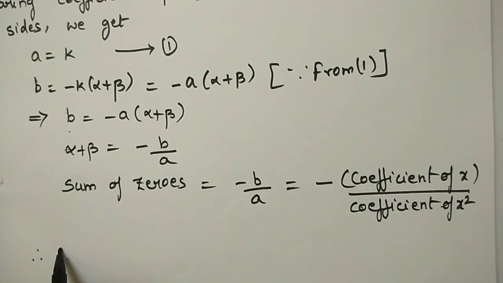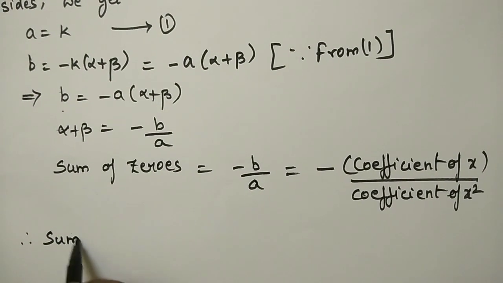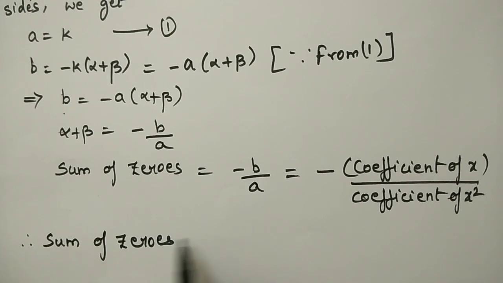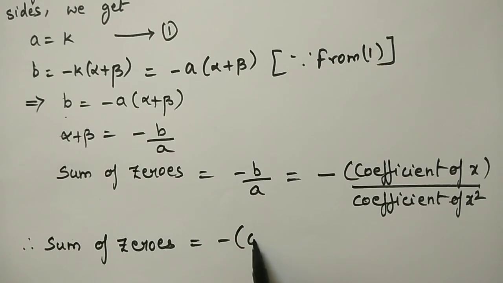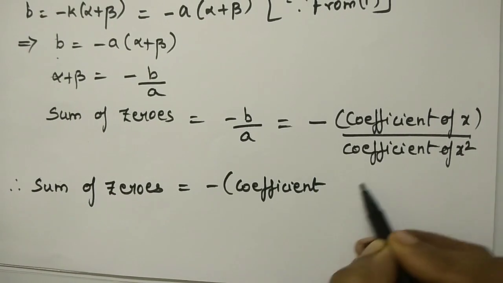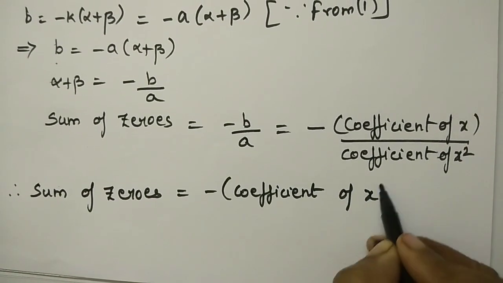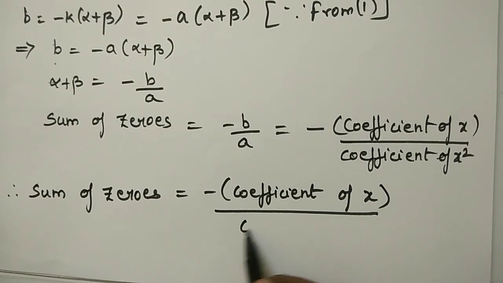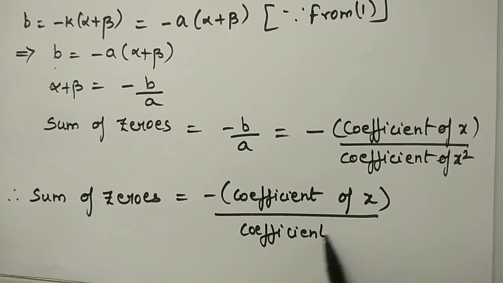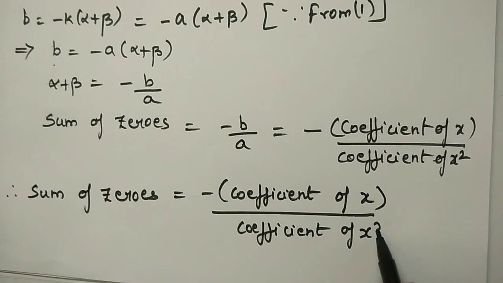Therefore, sum of zeros is equal to minus of coefficient of x by coefficient of x square.